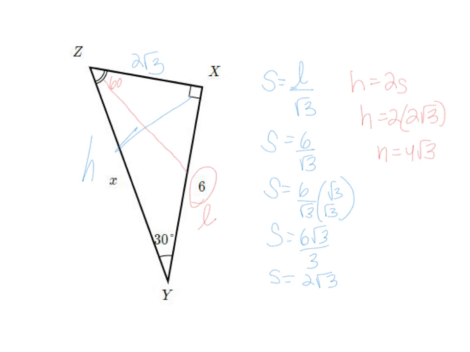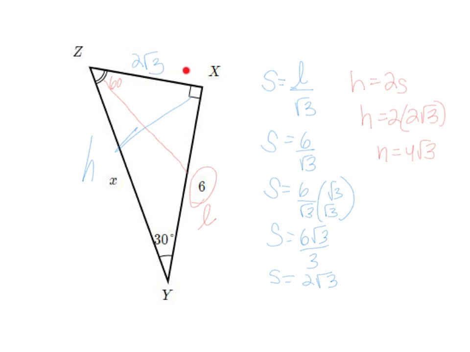Here's my long leg, 6, divided by the square root of 3. Now here's where I have to rationalize the denominator, so I'm multiplying by the square root of 3 over the square root of 3. That gives me 6 times the square root of 3 over 3, but the 6 can divide by 3, which gives me 2 radical 3, and I'm going to place this on the short side.